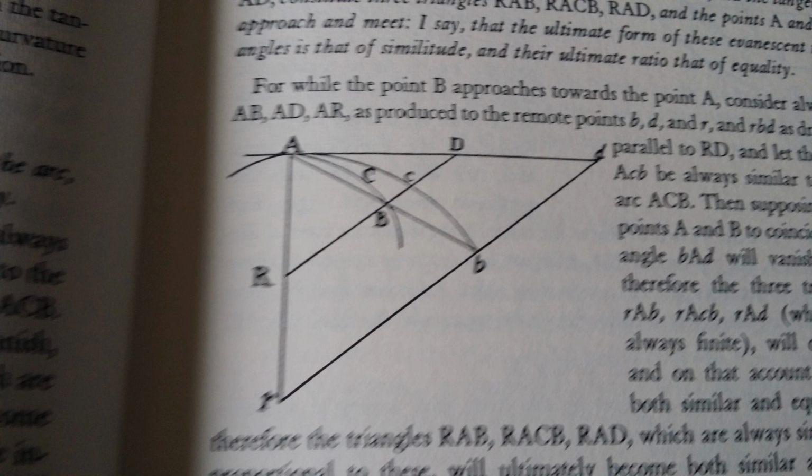And therefore the triangles RAB, RACB, RAD, which are always similar and proportional to these, will ultimately become both similar and equal among themselves. Q.E.D. Corollary. And hence in all reasoning about ultimate ratios, we may use any one of these triangles for any other.